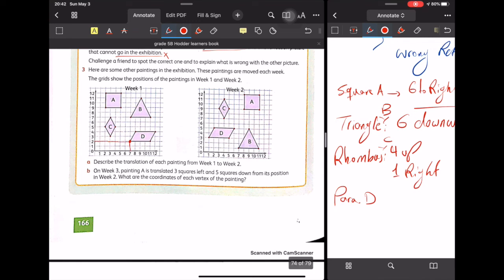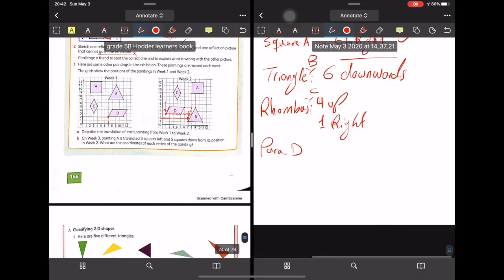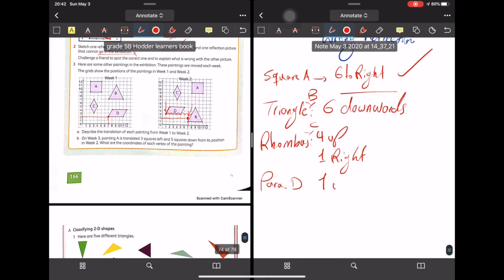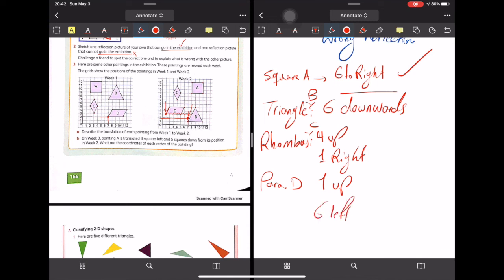Where is 7, 2? So it means before it was here. Now it's here. So let's see what is the translation. Obviously, it's 1 up and 1, 2, 3, 4, 5, 6 left. So 1 up. How many left? 6. Yes, 6 left. So these are the answers.